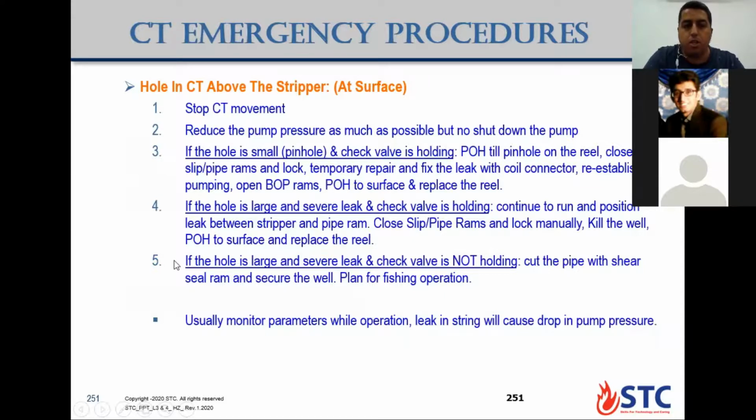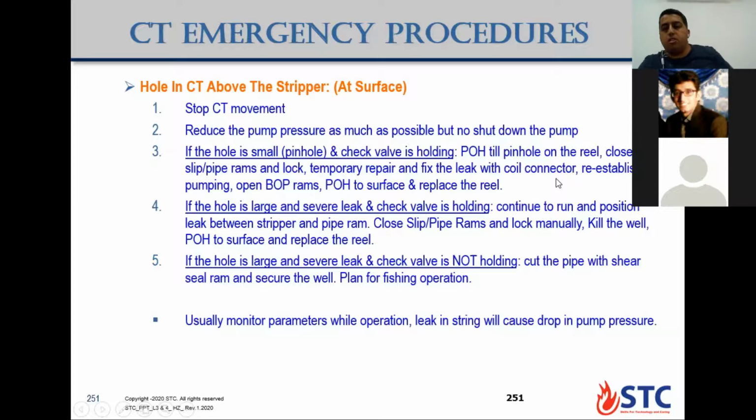You have 3 options here. If the hole is small, like a pinhole, and the check valve is holding, that means no build up at the surface, so you can pull out until the pinhole comes to the surface on the reel. Close the slip and pipe ram and lock manually. You can temporarily repair and fix the leak with a coil connector.